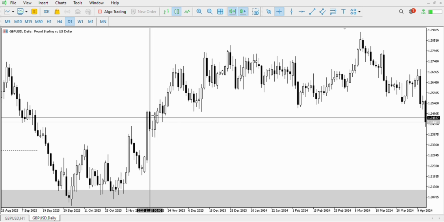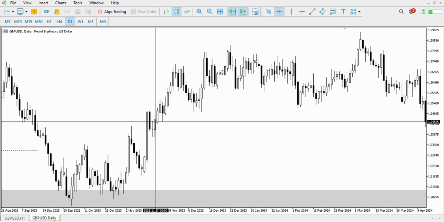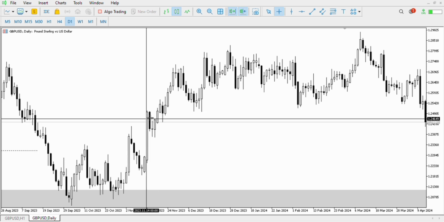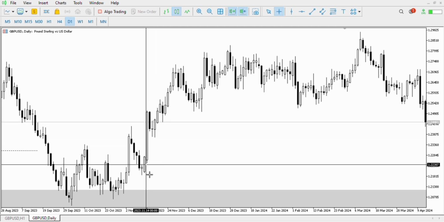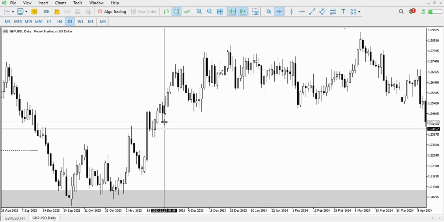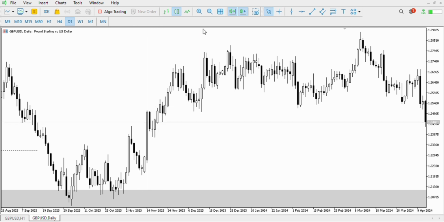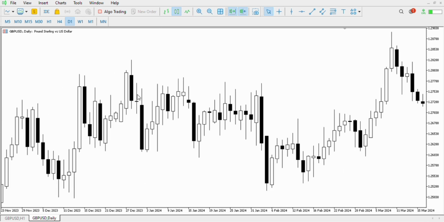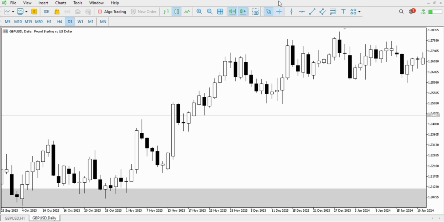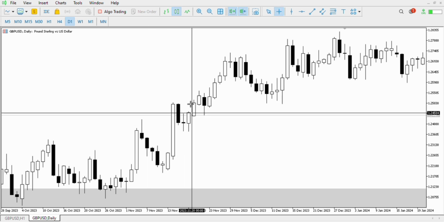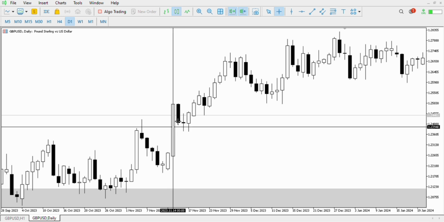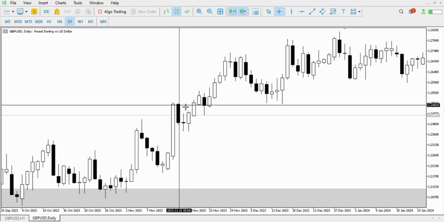All what we have here, this 1, 2, 3, is not a pullback actually, because 1, 2, 3, they are all inside this long candle. So it means we still categorize them as what? Let me zoom the chart very well because I need you guys to see this very well. So now these 1, 2, 3 candles are all a single candle because they are all inside this single candle. So we cannot call it a valid pullback.